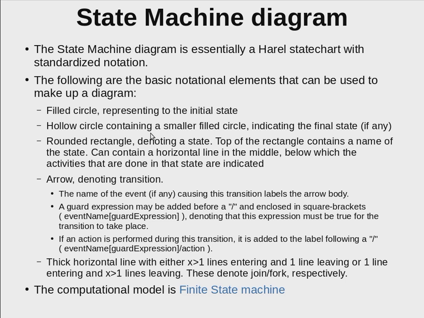So the next one is state machine diagram. You may see state machine diagrams quite a lot. The theory behind it is graph theory and finite state machine theory, which is also related to Turing machine.